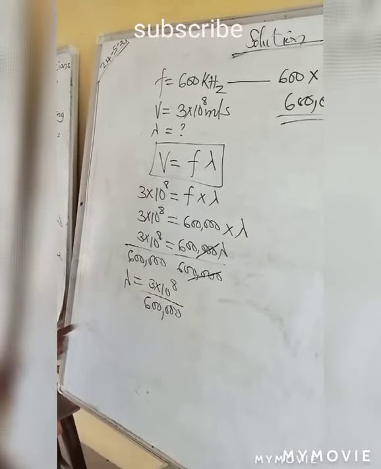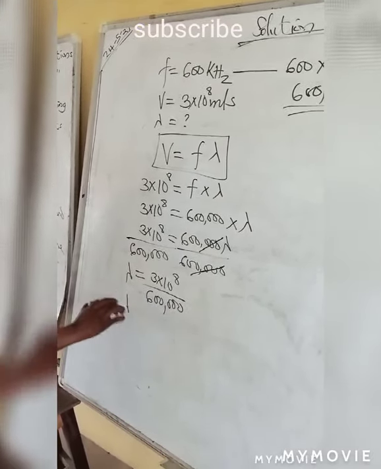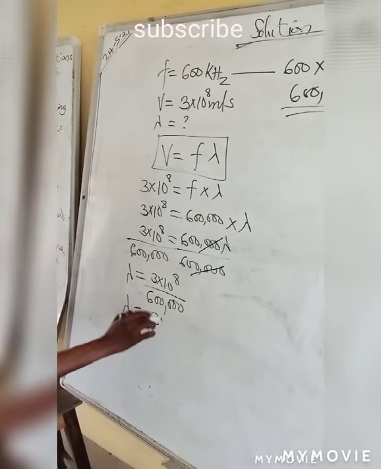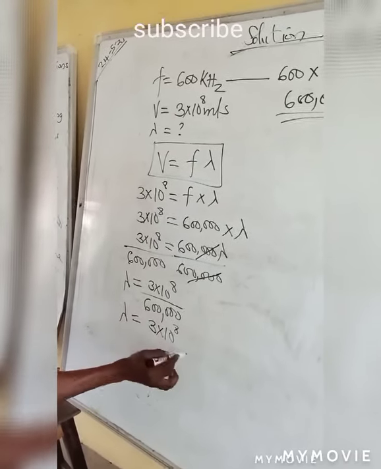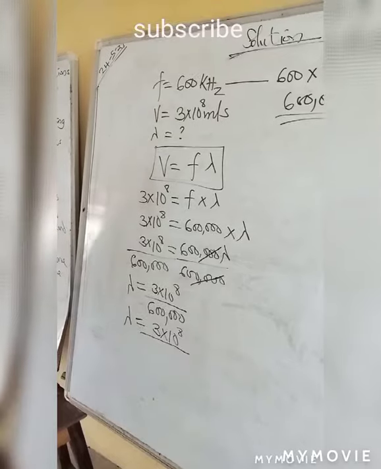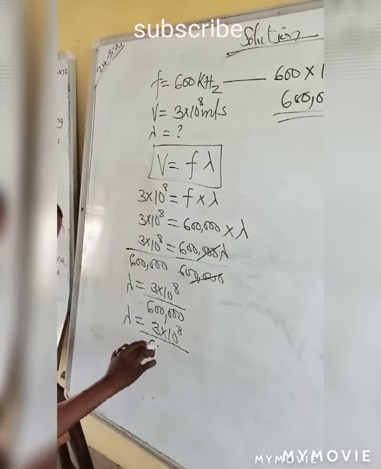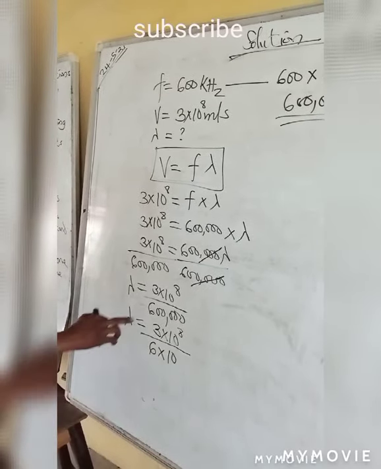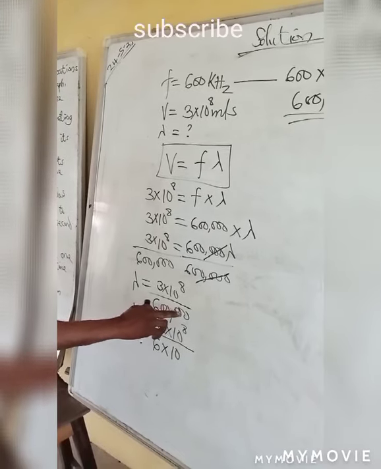Writing 600,000 in standard form, wavelength equals 3 times 10 raised to the power 8 divided by 6 times 10 raised to the power 5.